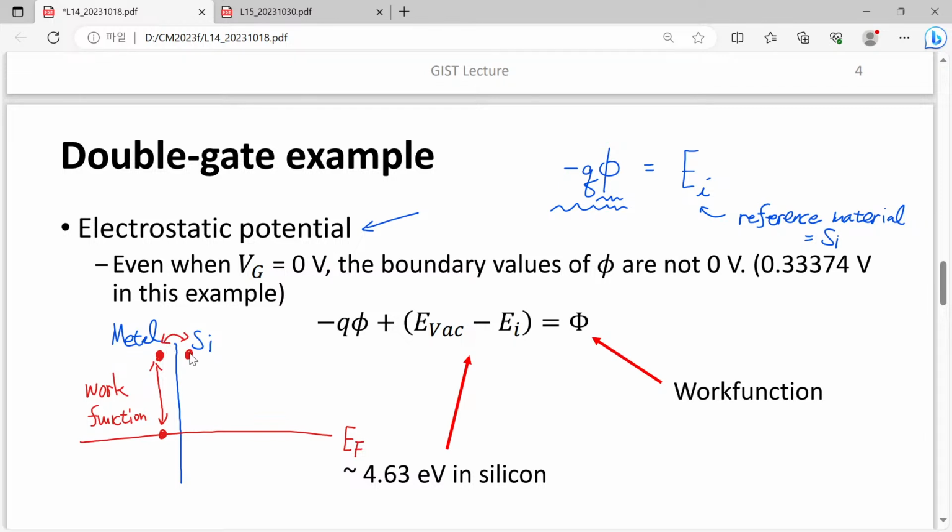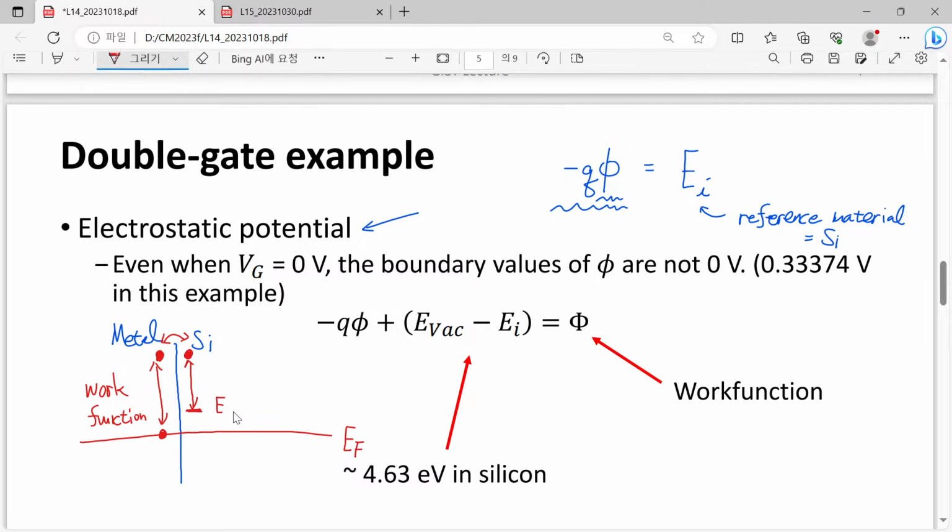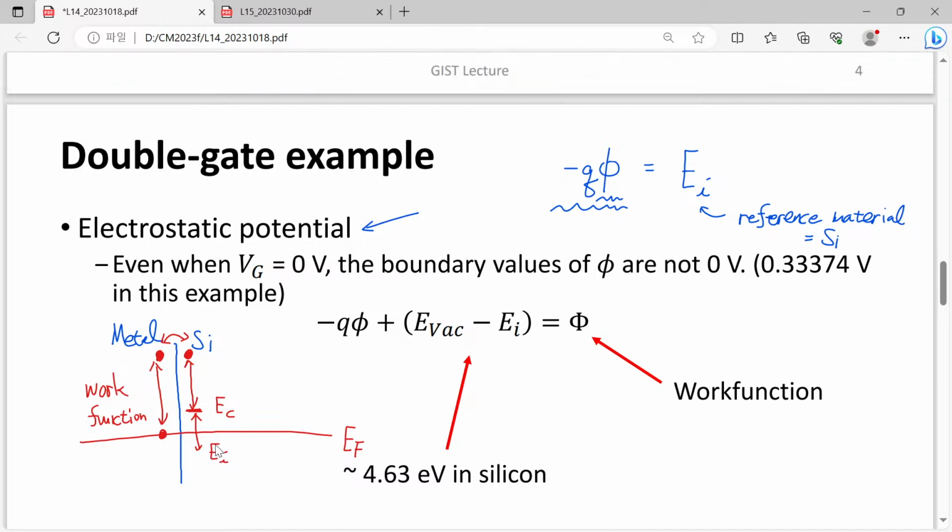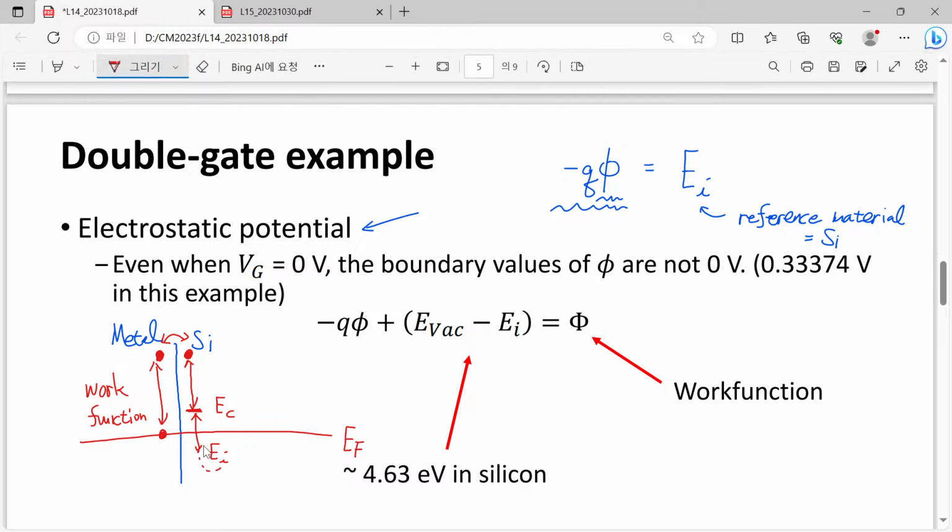vacuum level. So now we have a vacuum level, and also we can define the distance between its vacuum level and conduction band minimum, and also can define the difference between conduction band minimum and its intrinsic Fermi level. So quite simply, we can define this EI this way.